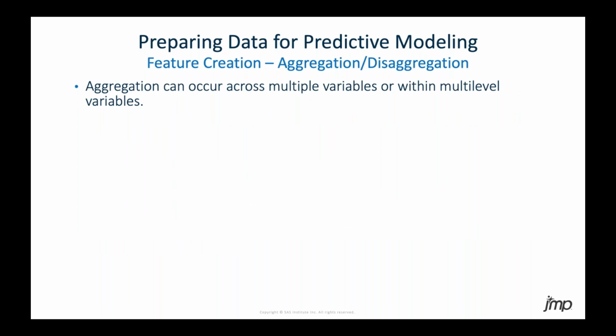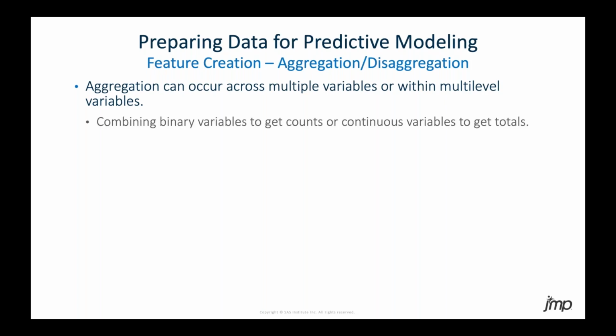Aggregation occurs when I'm taking either multiple variables and putting them together, or a multi-level variable and trying to reduce the number of levels in the data. One of the advantages of aggregation is that it makes things go faster, which for very large data sets could be helpful. And we saw an example of this previously. I can combine binary variables to get counts, or continuous variables to get totals.